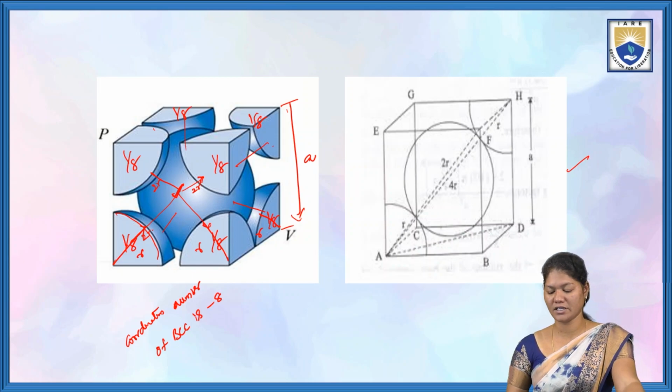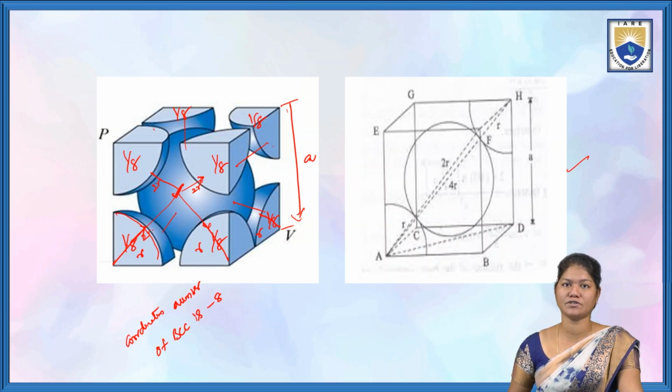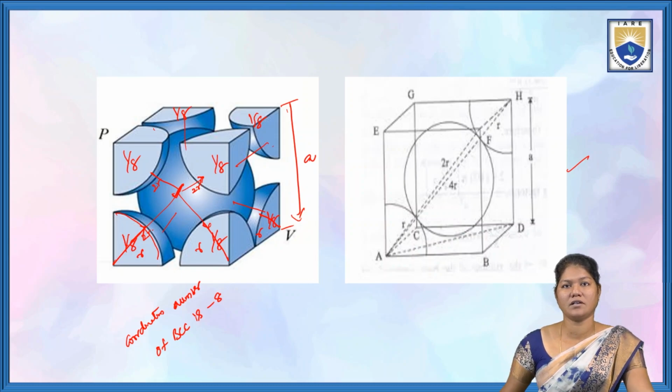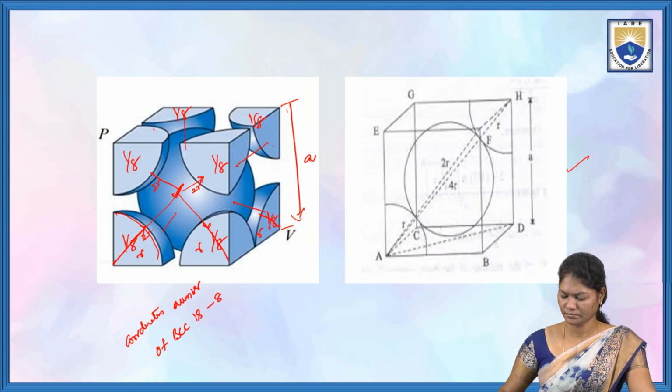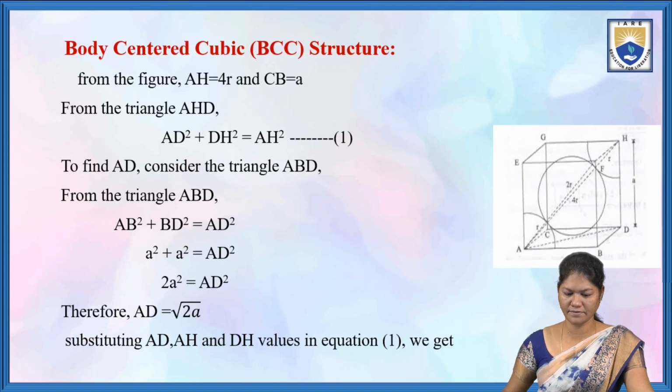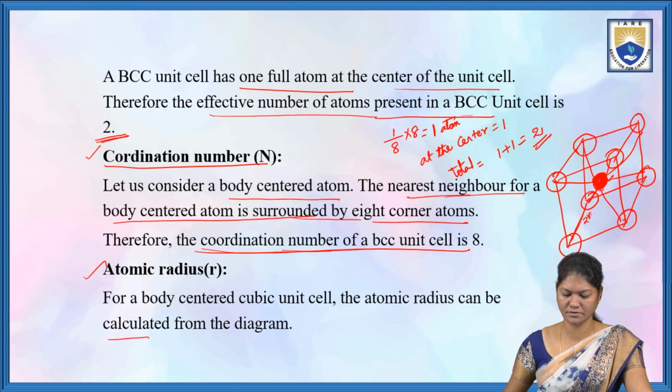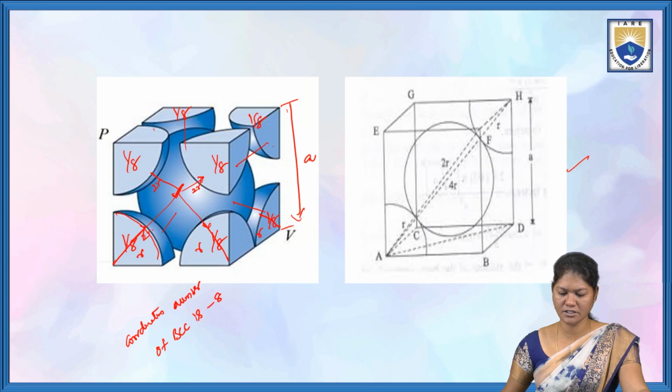So the atomic radius is nothing but half of the distance of the nearest neighboring atom. Half of the distance of the nearest neighboring atom. So here to here is the atomic radius.